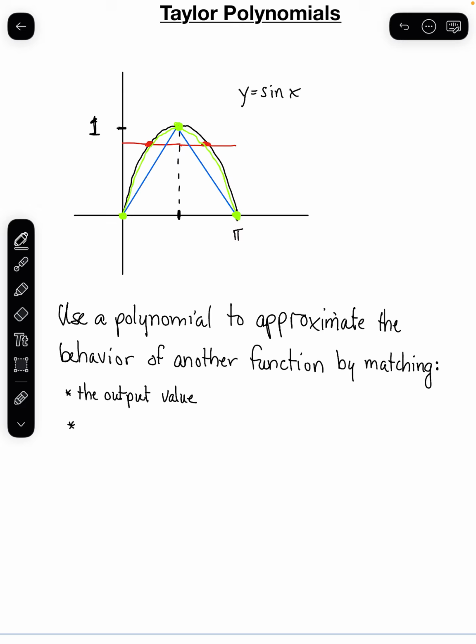We expanded that to the blue diagonal line by saying, well, now we can represent whether it is increasing or decreasing, which is measured by the first derivative. We then went to the green parabola, which has the capacity to match not just output values and not just increasing and decreasing, but also to match concavity.